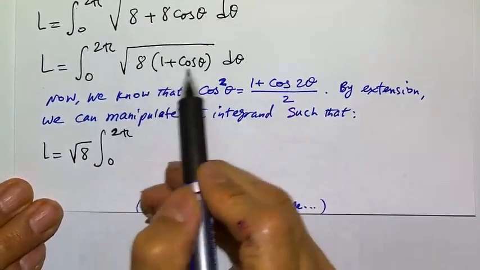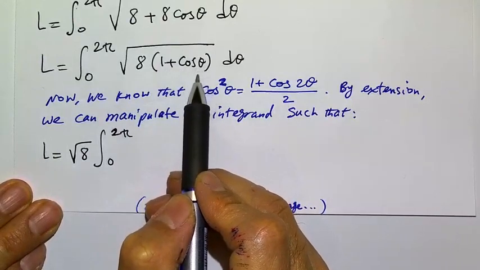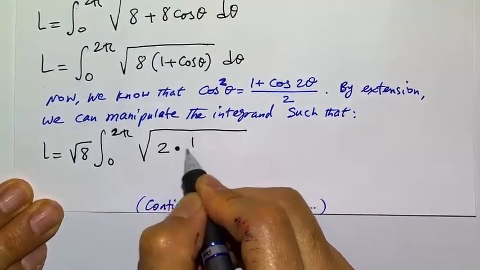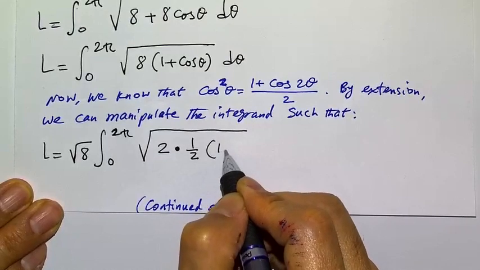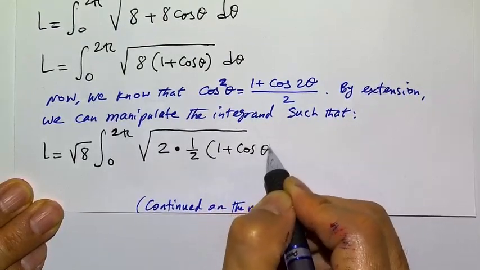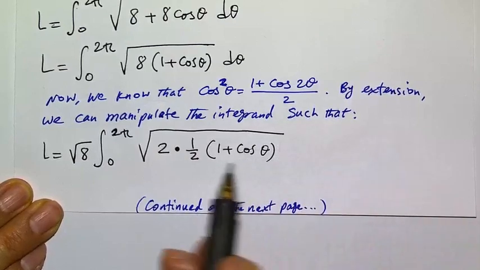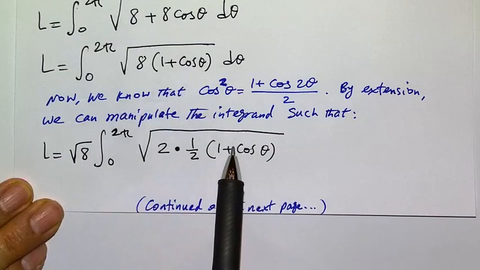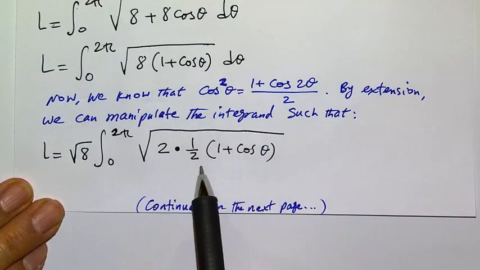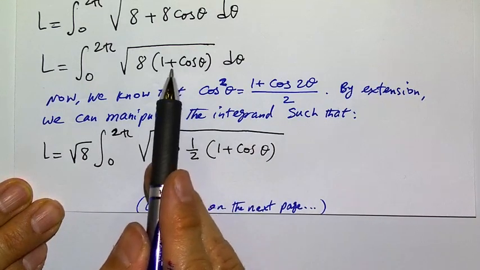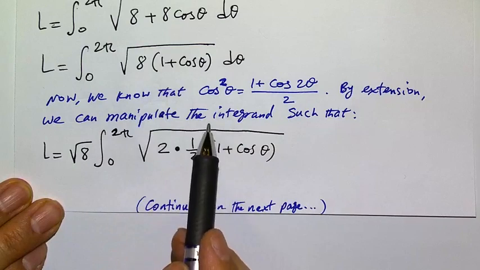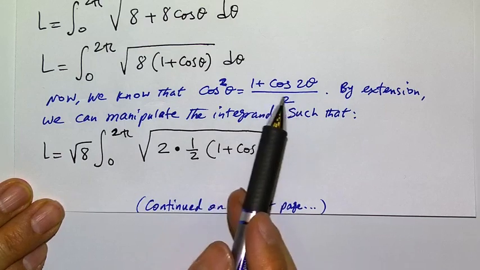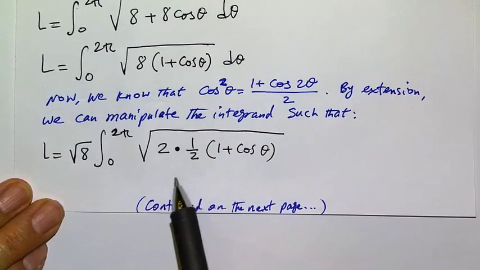I'm going to write the rest, which is 1 plus cosine theta, as square root of 2 times 1 over 2 times 1 plus cosine theta. Because when you distribute the 2 into the 1/2, you still get 1 plus cosine theta, which is what we had. So we didn't really change the inside of the square root, but this change made it easier for us to use a version of this formula to integrate this expression.